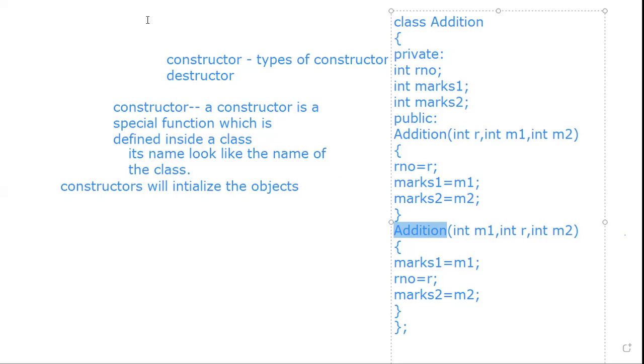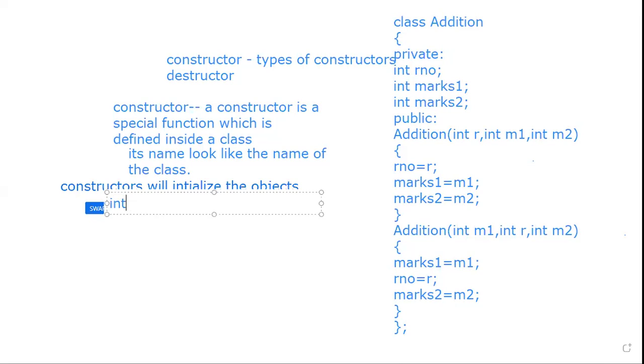See here, I will create the main program. I will say here int main. I'm creating the main method. So in the main method, first what you have to do is create the object. That's why I'm creating the object. What is the class name here? Addition.